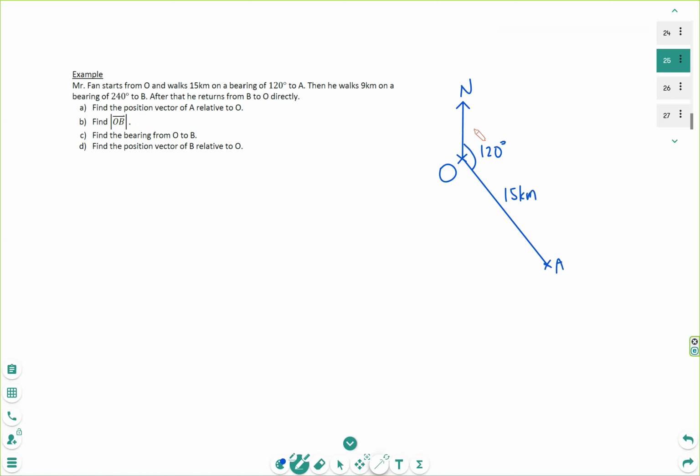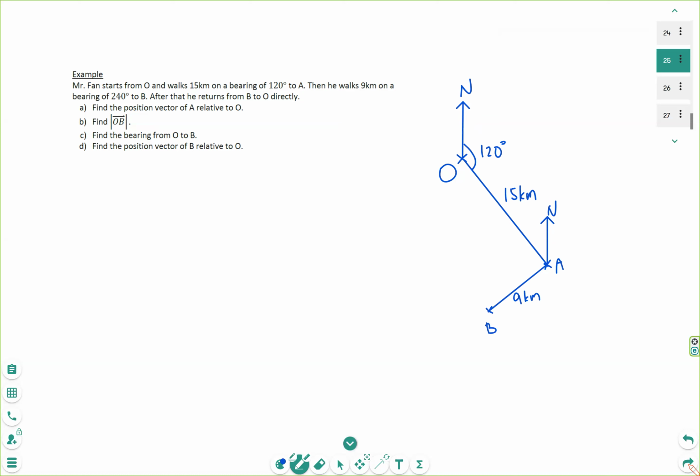Then I walk 9 kilometers on a bearing of 240 degrees to B. So next I need to draw a north line again from A. 240 degrees from A. That's 180, so 240 must be somewhere there. And that's 9 kilometers.